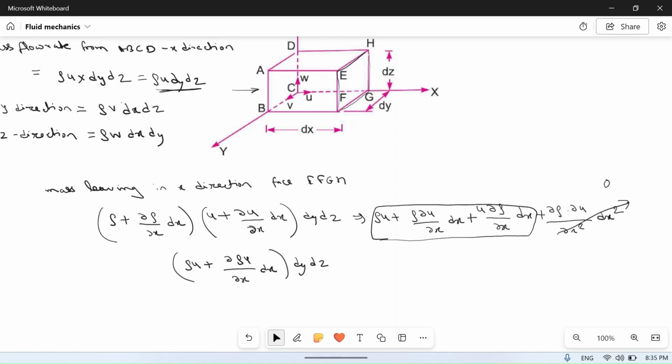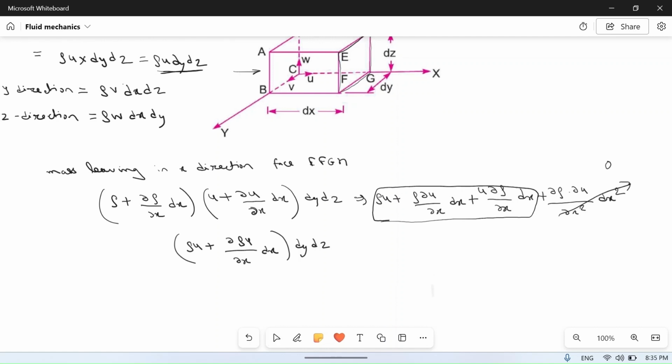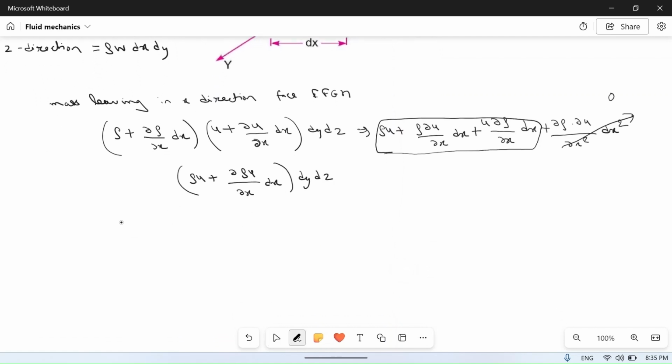So this is the mass exiting in the x direction. Similarly, there will be mass exiting in the y and z directions also. In the y direction it will be rho v plus del rho v by del y into dy, multiplied by dx into dz.